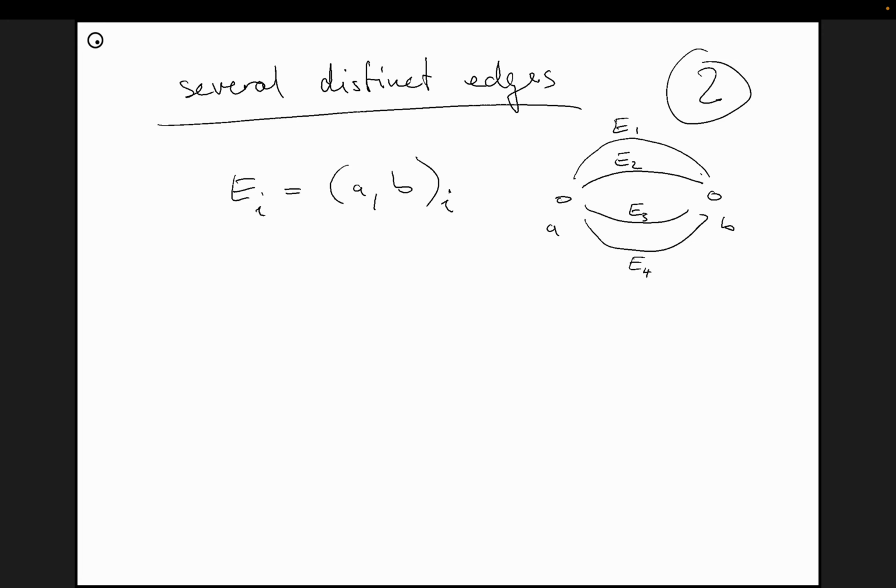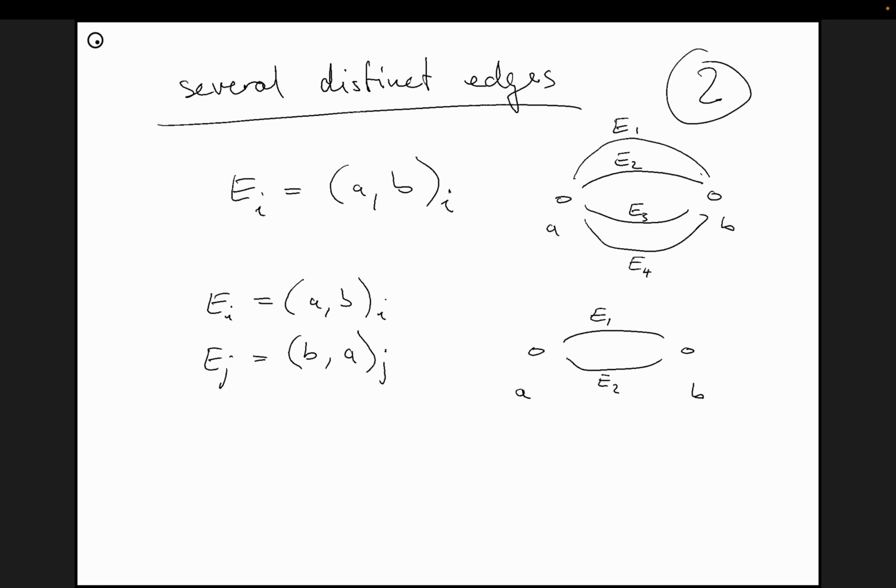And in a directed graph, I can also have this. If I have A and B, I can have E1, E2 in direction A to B, and E3, E4 in direction from B to A. So I can have several directed edges.